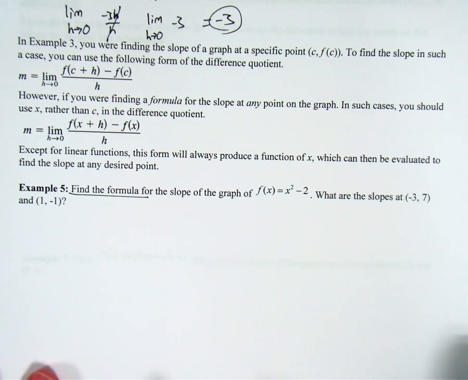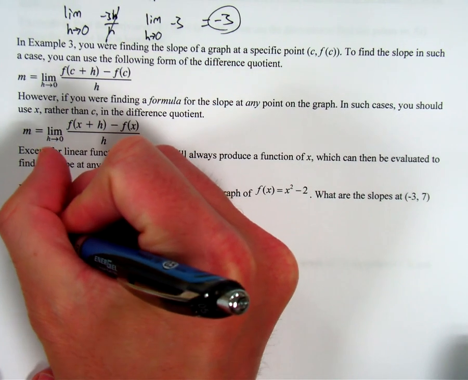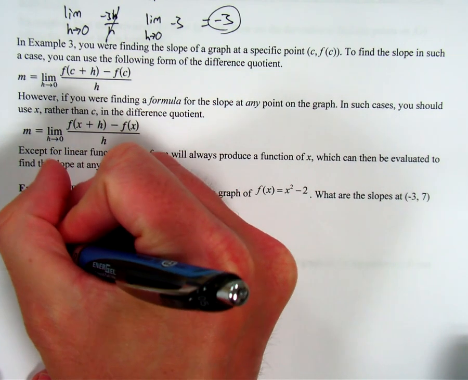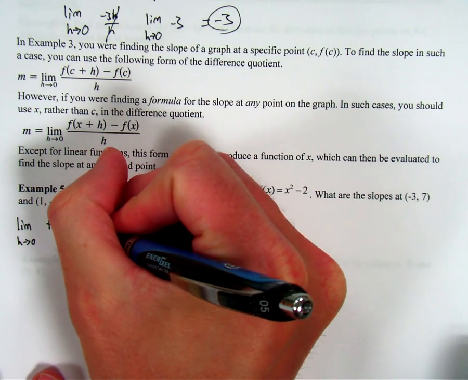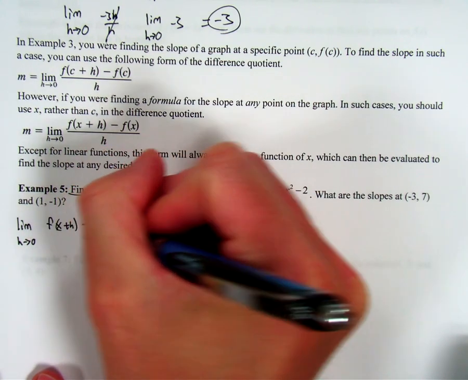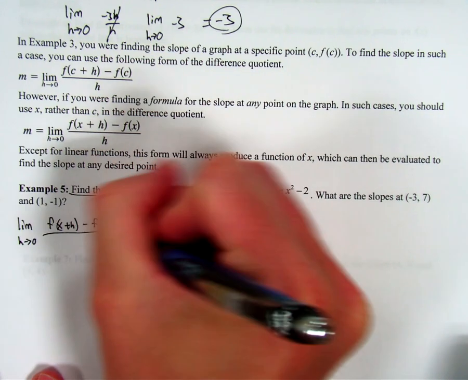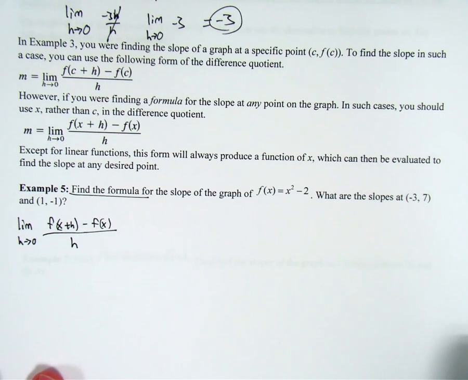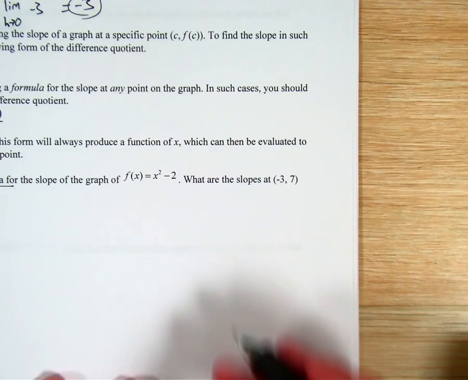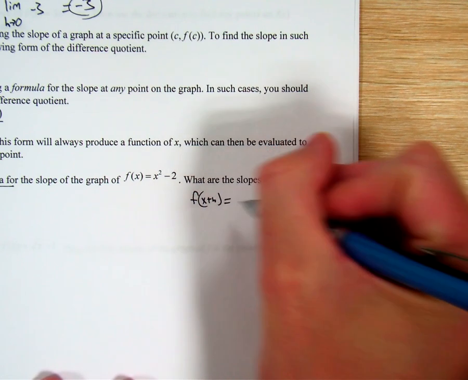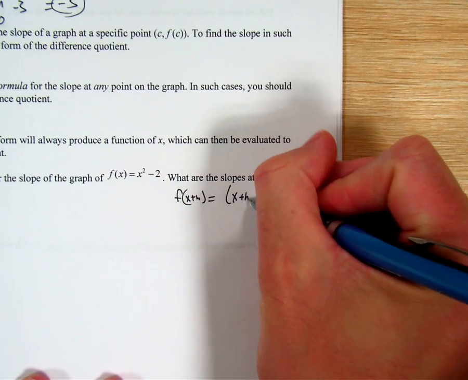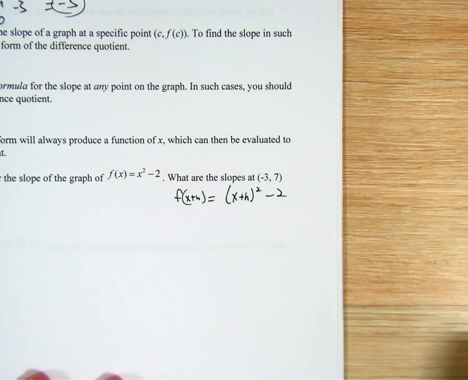Okay, so let's have limit as h goes to 0, f of x plus h minus f of x over h. If you want to do a little scratch work on the side to figure out what f of x plus h will be, we'll have x plus h squared minus 2.